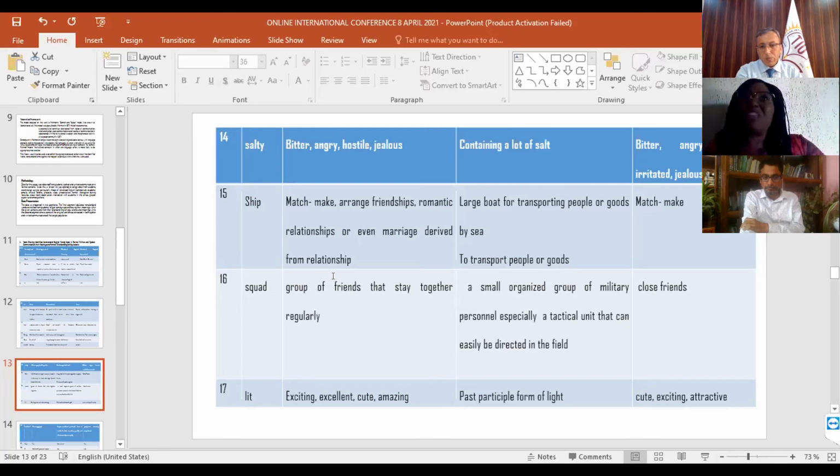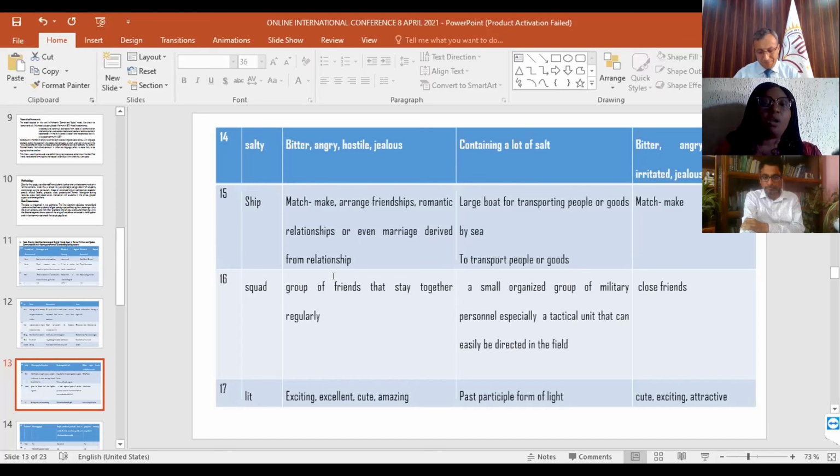So those that do that in this context are called shippers. But then ship, of course, as we all know, is that large boat for transporting people or goods by sea, or to transport people or goods. So if I say I'm going to ship your goods to you soon, what I mean here is not what is meant by the person who is saying, hey, I'm going to ship the both of you.